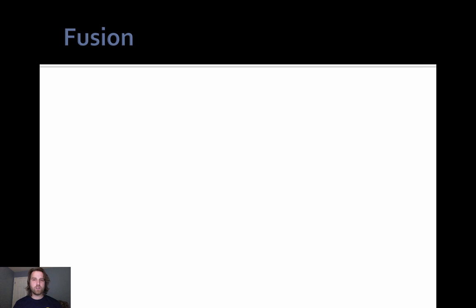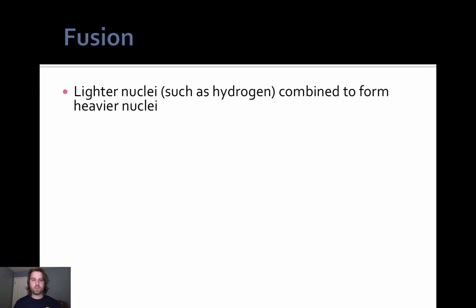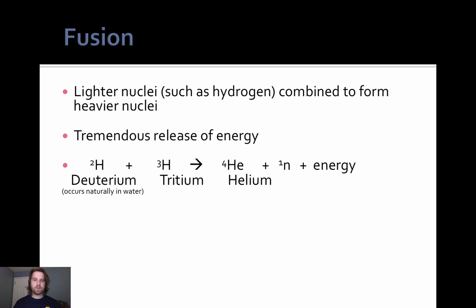So here we are with fusion. Fusion is the opposite of fission. You have lighter nuclei that fuse together to make a heavier nucleus. This has a tremendous release of energy. And here's an example of a fusion reaction. You have heavy hydrogens, deuterium and tritium, which are hydrogens that have more neutrons than normal, and they will fuse together to form a helium nucleus and an extra neutron and a boatload of energy.